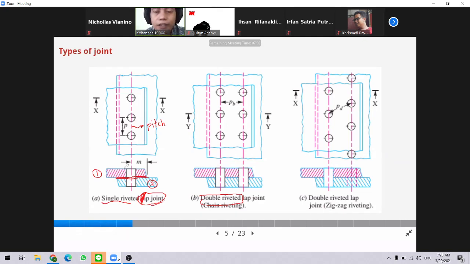And for double rivet joint, we have pitch and we have another pitch between the columns. We call this the back pitch, which separates these two columns.